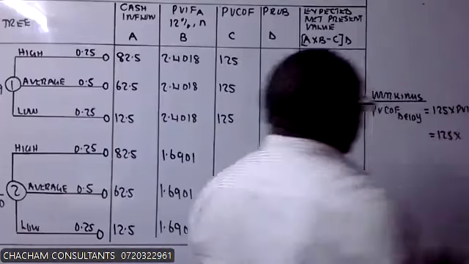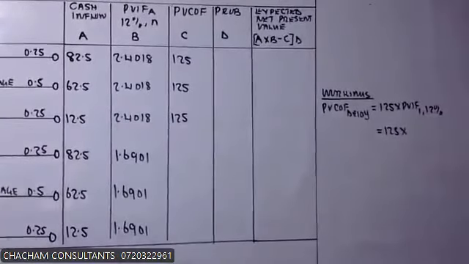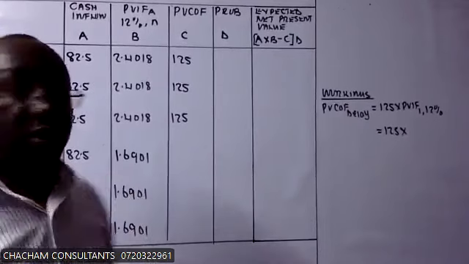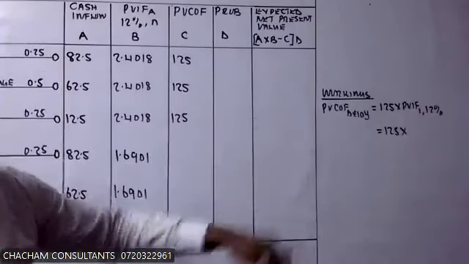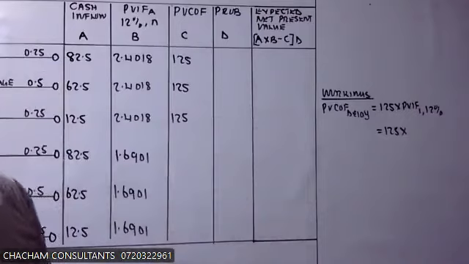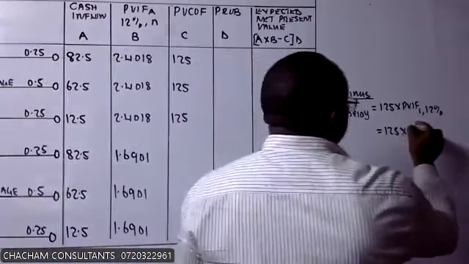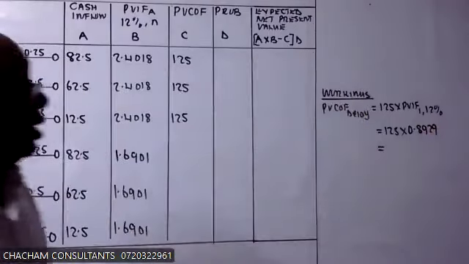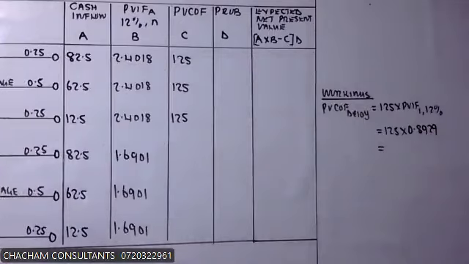So 125 times, nisomee hiyo ya 1 year 12%. We discount it because lazima tumeambiwa tutafute the present value as at now, but hii tunajua itakuwa invested 1 year from now, so we must bring it. So 0.8929. Saa hii ni pesa ngapi hiyo?